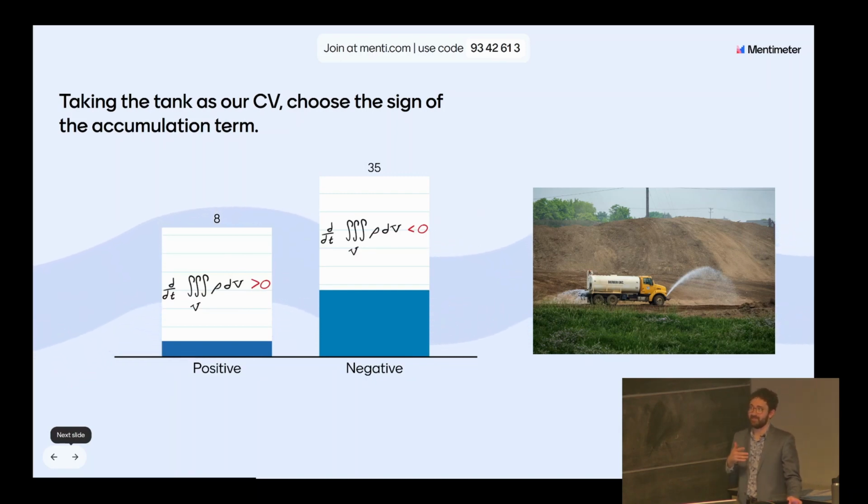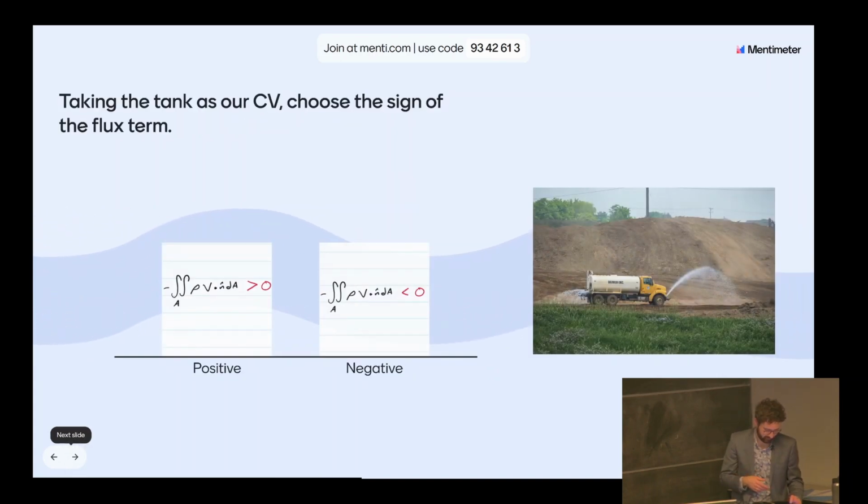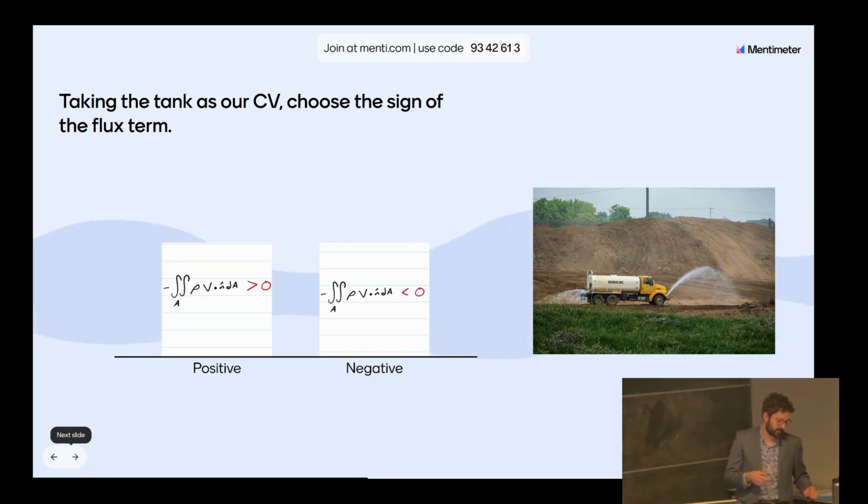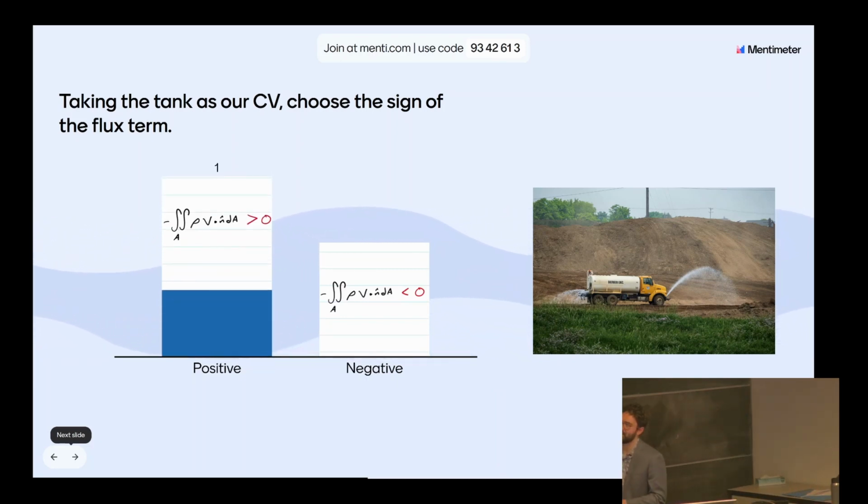So when we do this volume integral, we would expect a negative result. Now what about the other term in our conservation law? The flux or the flow. Again, remember, this includes the negative.